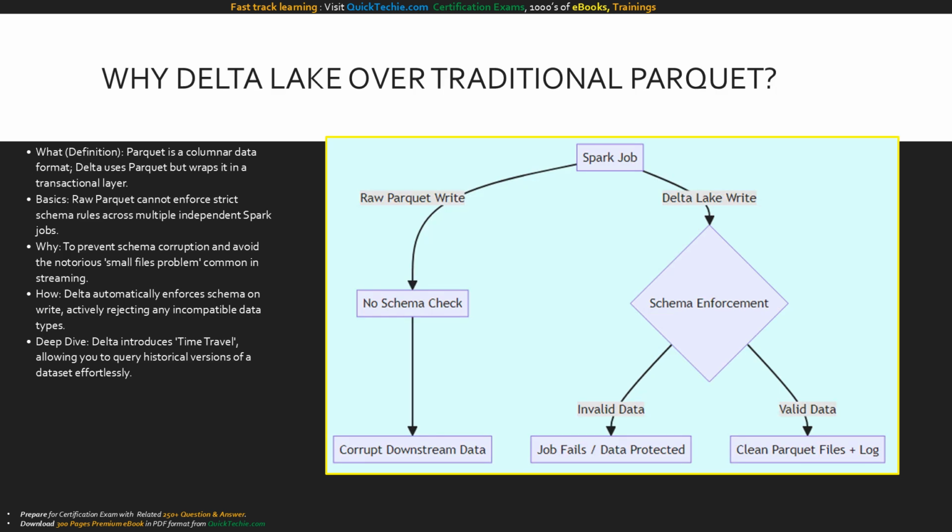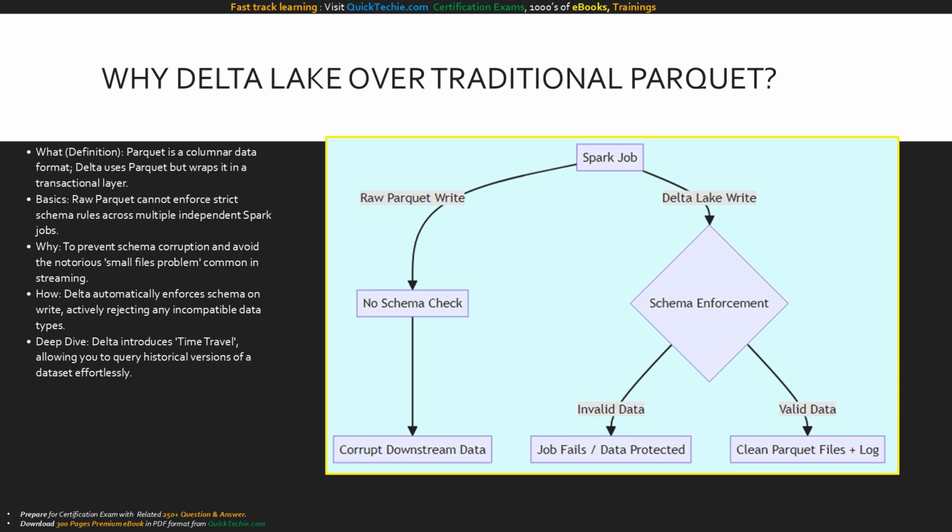You might be asking yourself, why shouldn't I just use raw Parquet files? While Parquet is an incredibly fast columnar format, it is ultimately just a file format. It does not know if a Spark job crashed, and it definitely cannot enforce strict schemas across multiple independent jobs. If one team writes a string into a column instead of an integer, your downstream analytics immediately break. Delta Lake solves this by wrapping Parquet with a transaction log.